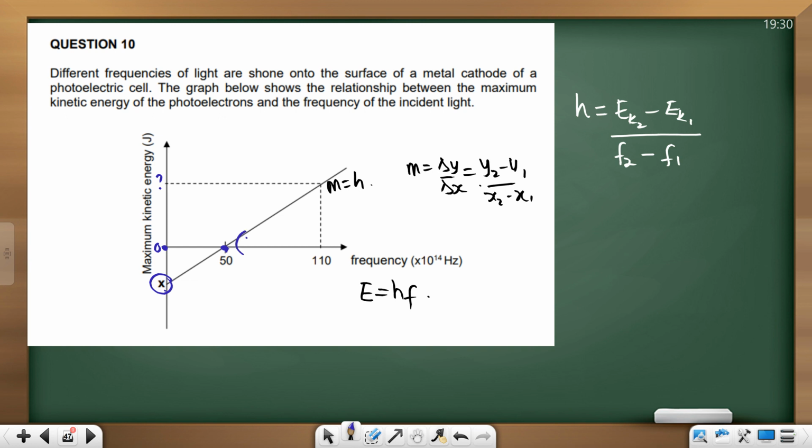But check here: X is 50, y is 0. What about my x? X is 0, and y is x. We can get x2, x1, y2, y1, and everything there is equal to h. Check. Physics and maths got married here.